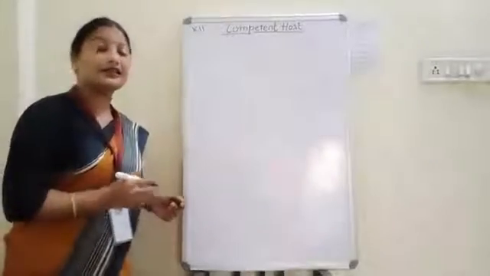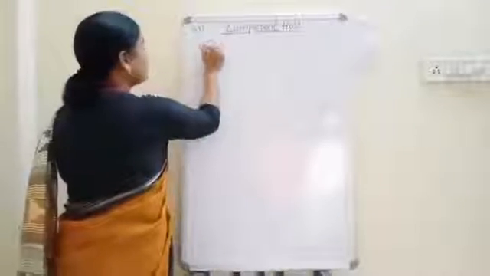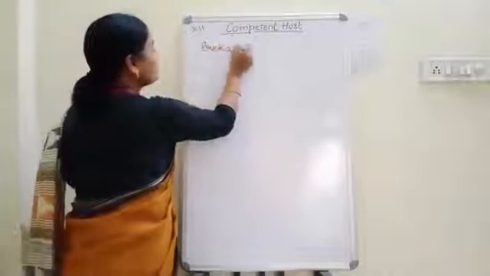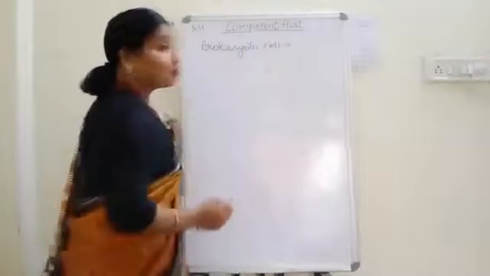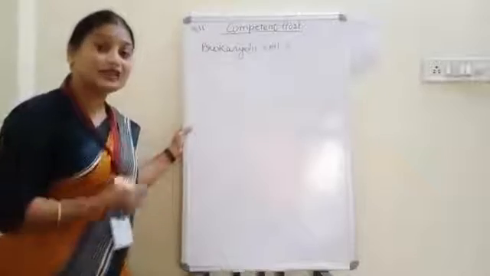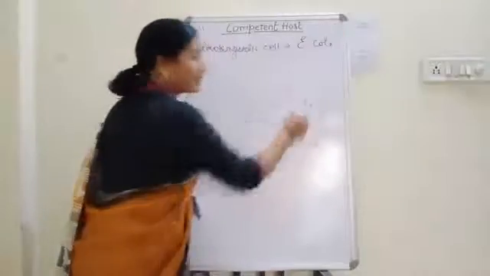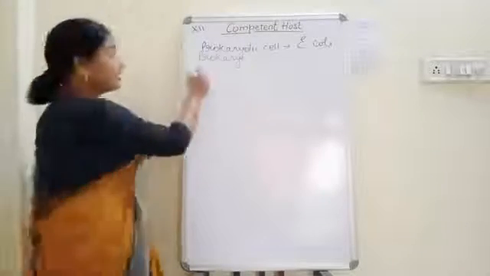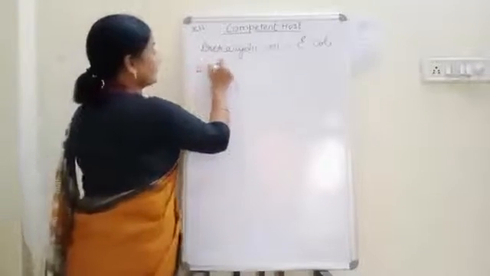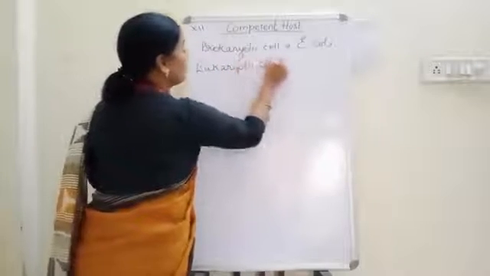Now children, see what type of host we can use. Number one, we can use prokaryotic cell, and in case of prokaryotic cell, we generally use E. coli. Even we can use eukaryotic cells. Now, what will be the eukaryotic cells?